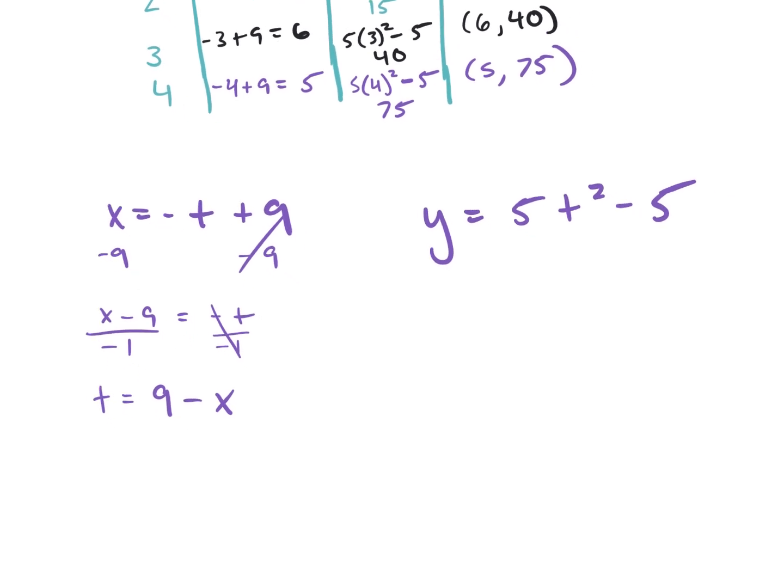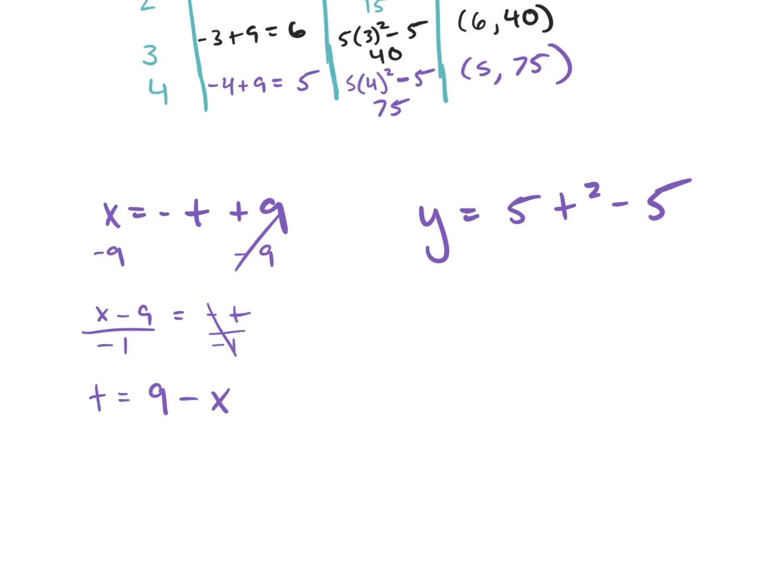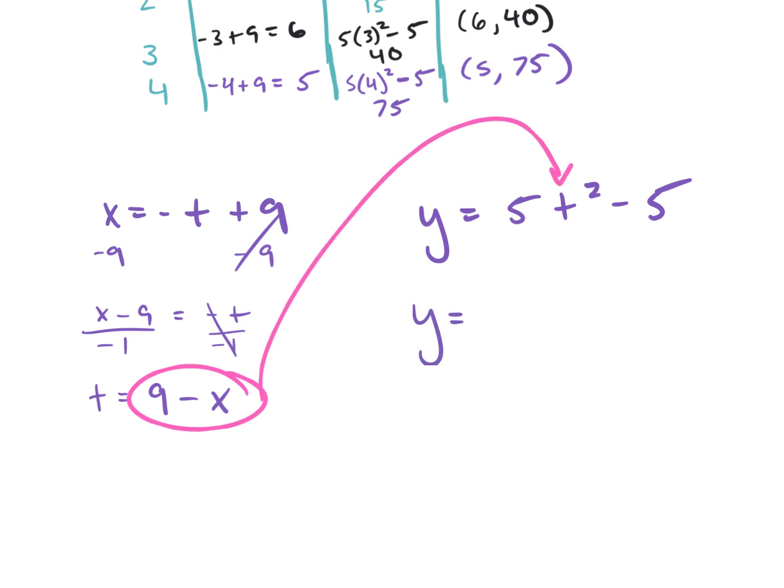What would I do next? I'm going to take what t is equal to and substitute it into the t in my other equation. So I have y equals 5 times 9 minus x squared minus 5.